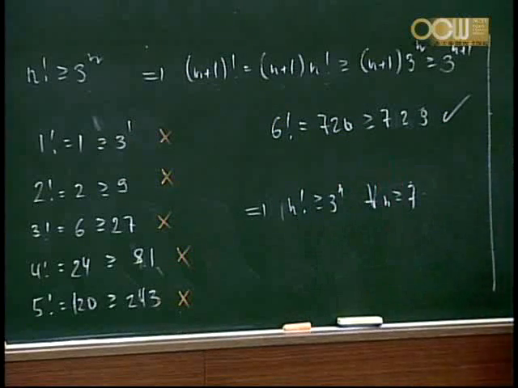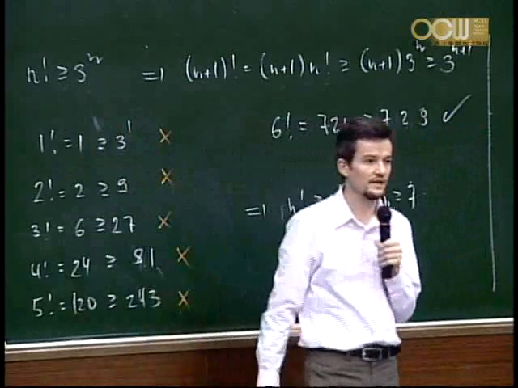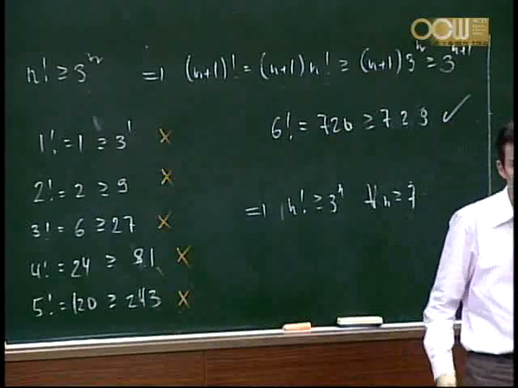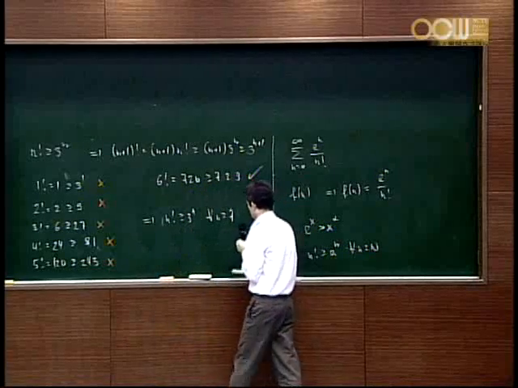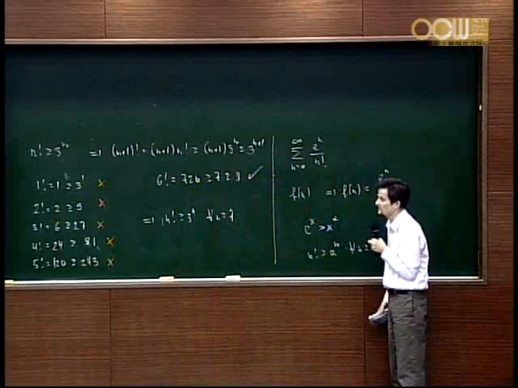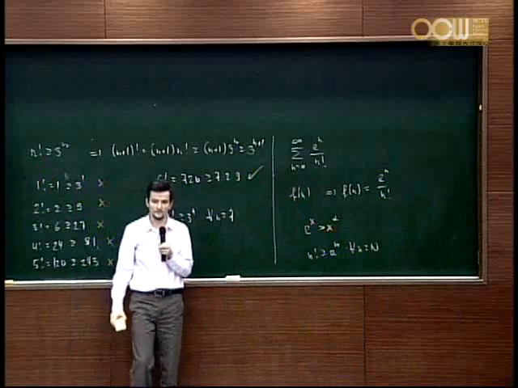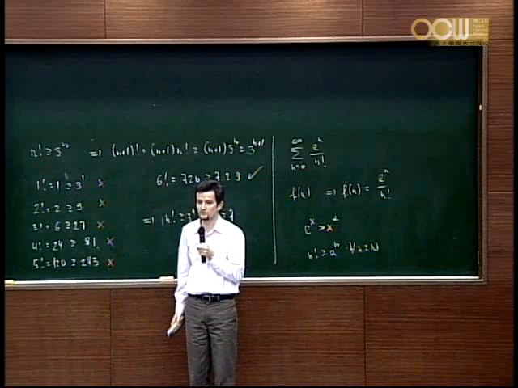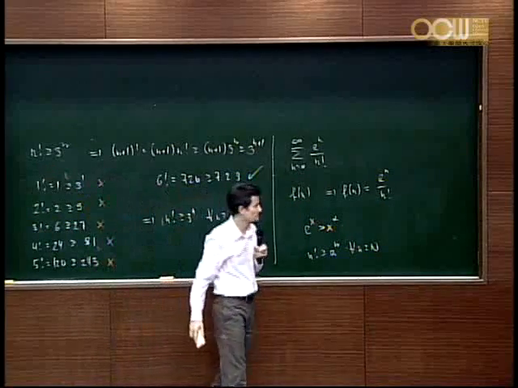Then you can prove that such a relation holds if you replace 3 by any arbitrarily large number. But this is not essential for this series; it tells you that the growth of n factorial will be very, very quick. So as n tends to infinity, n factorial will tend to infinity very, very quickly.